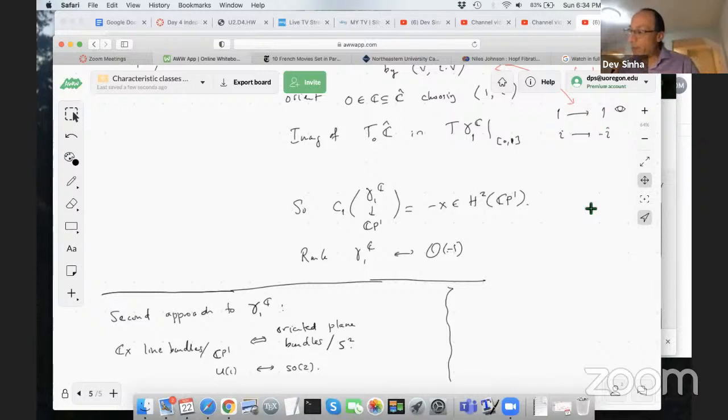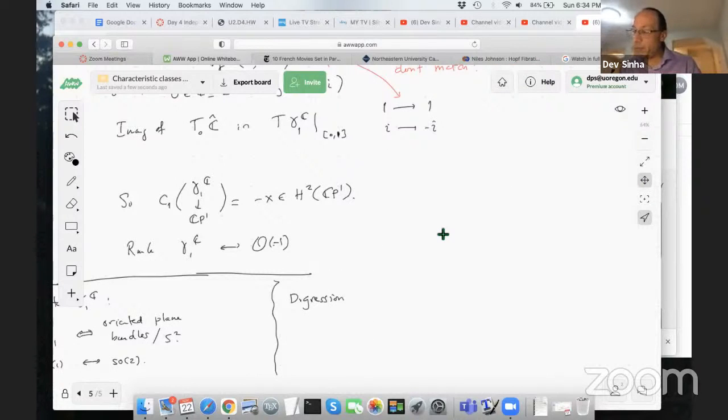But let me just give you a little digression. It also is an invitation to a bit more homotopy theory here and there when you learn some of these topics, if you haven't yet.